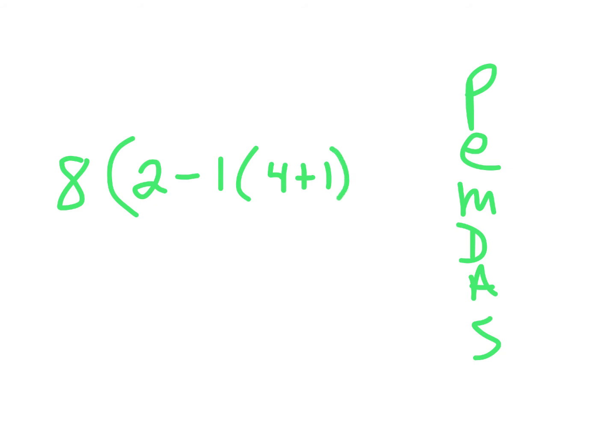So this is like this: 8 parentheses, 2 minus 1 parentheses, 4 plus 1 quantity squared, end parentheses.